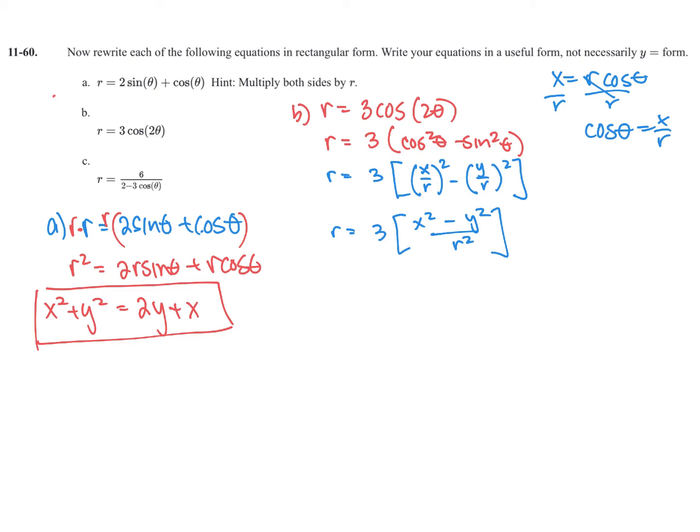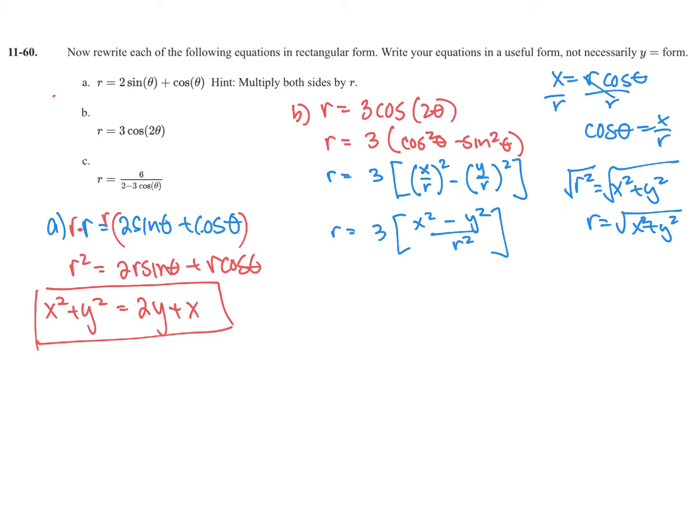The tricky part is a plain old r. I do know that r squared equals x squared plus y squared. So a plain r will be r equals the square root of x squared plus y squared. So that's what I'm going to replace this one with.